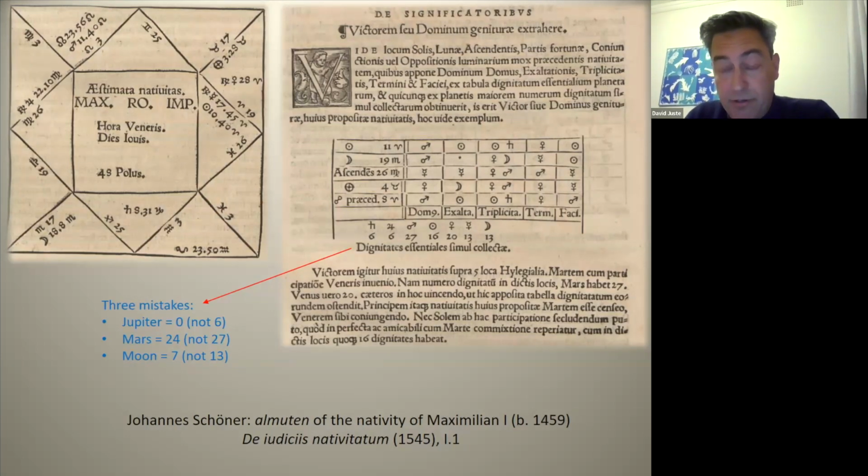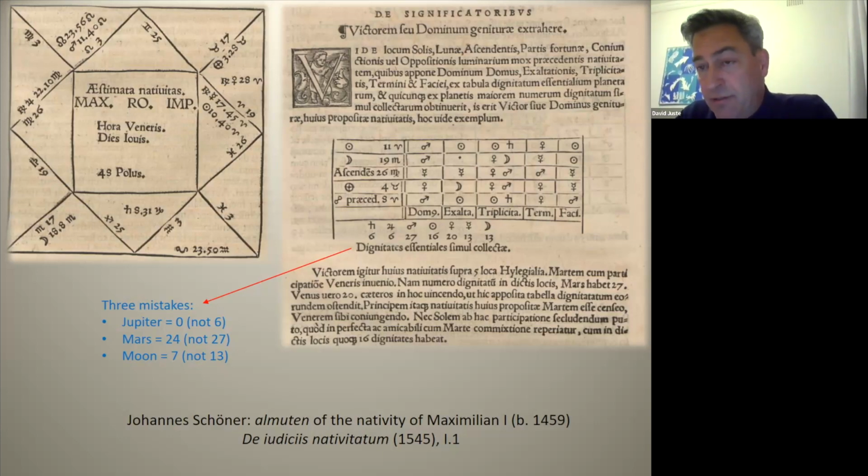which is very regrettable in a text that is aimed at being a didactic text, teaching the student how to cast, how to construct, and how to interpret nativities. But that tells us that if this is not complicated in itself, it is arduous, to say the least. And even in this case, the case of a didactic text, he managed to make 3 mistakes.